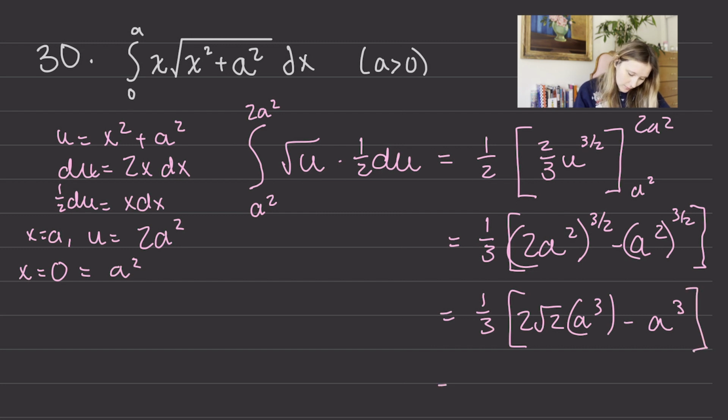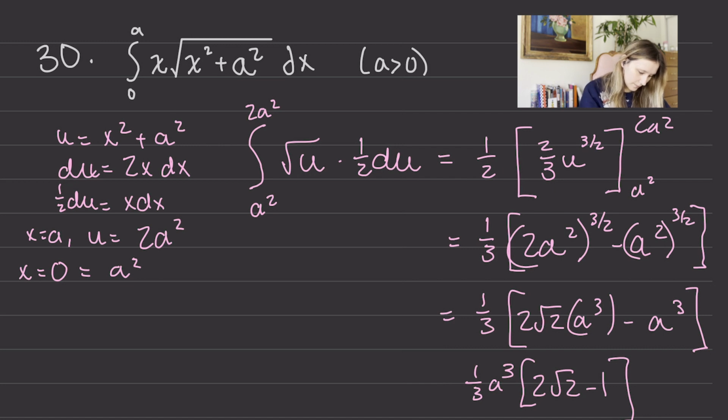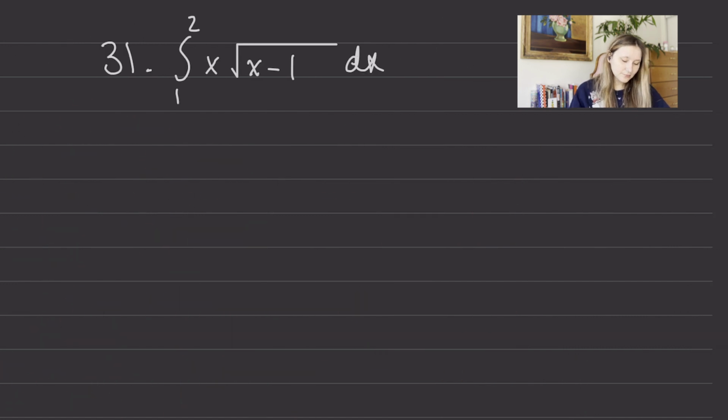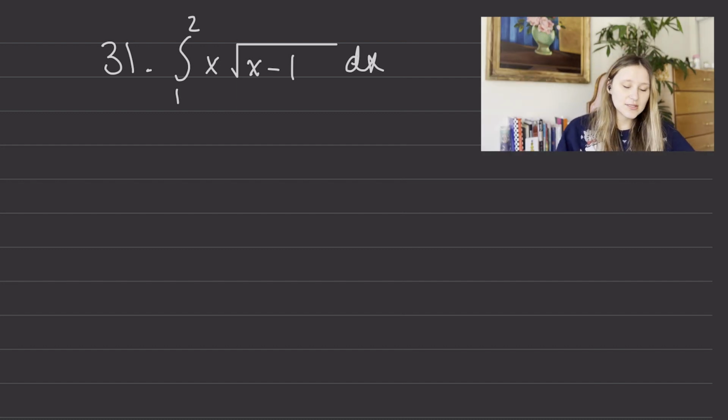And then I get 1/3 a cubed times (2√2 minus 1). I hope that's right. I think it's right. Again, I might make mistakes. Let's hope that it's not too bad though.